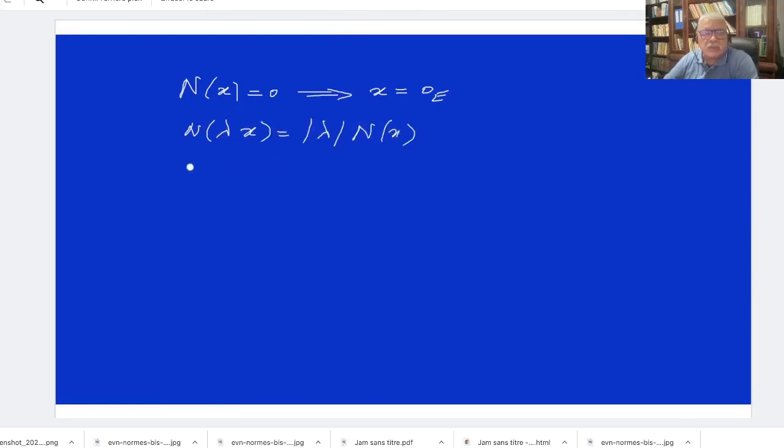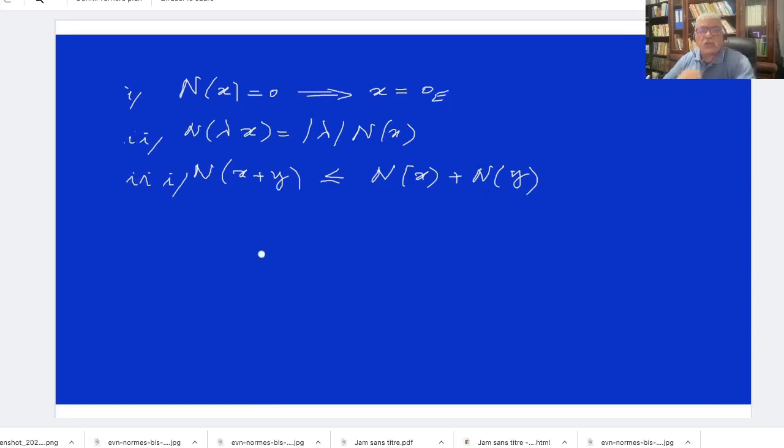And we have the inequality, n of x plus y less than or equal to n of x plus n of y. This for any x, for any y, for any lambda. Here are the 3 points at our disposal. With these 3 points, we need to prove that n is positive.